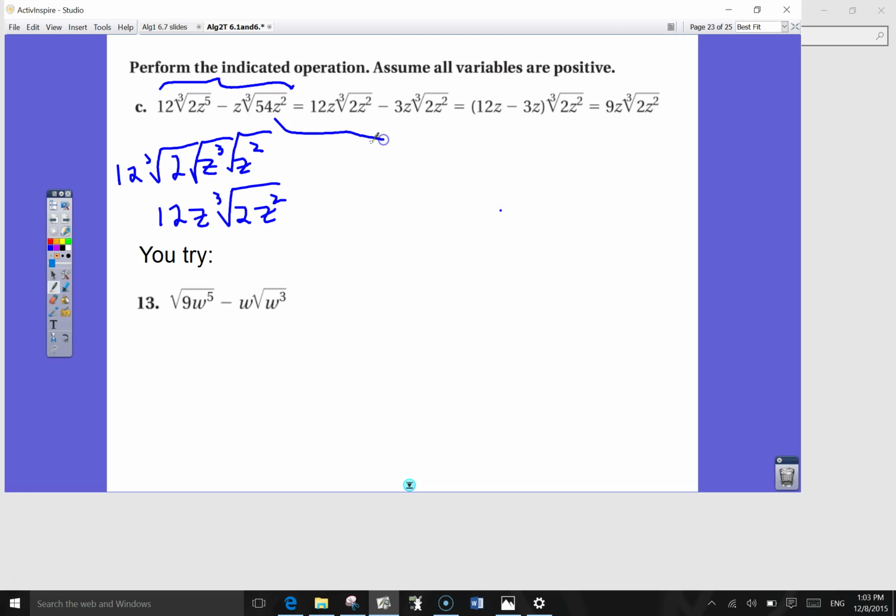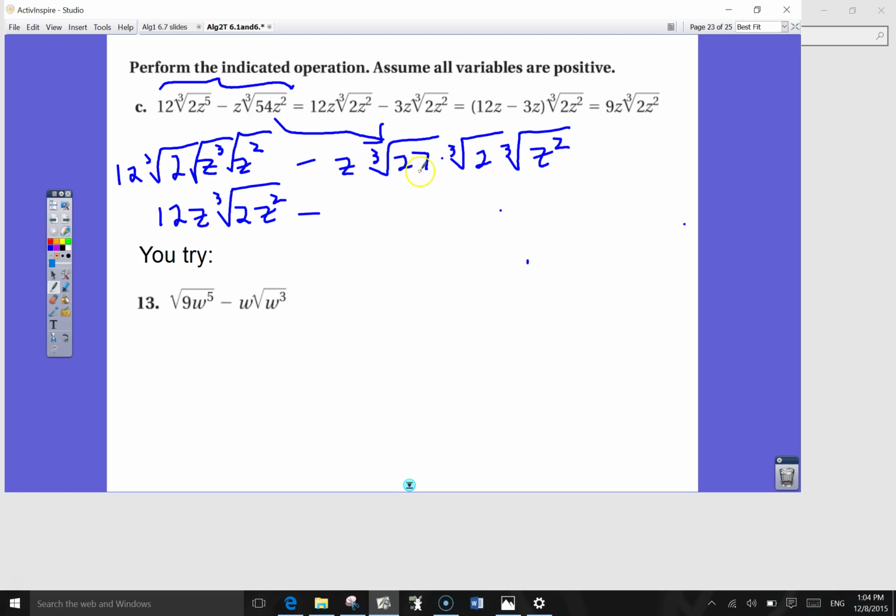And then this other one, again, we can write that as z, there's a minus in front of that, times the cube root of 27 times the cube root of 2 and the cube root of z squared.